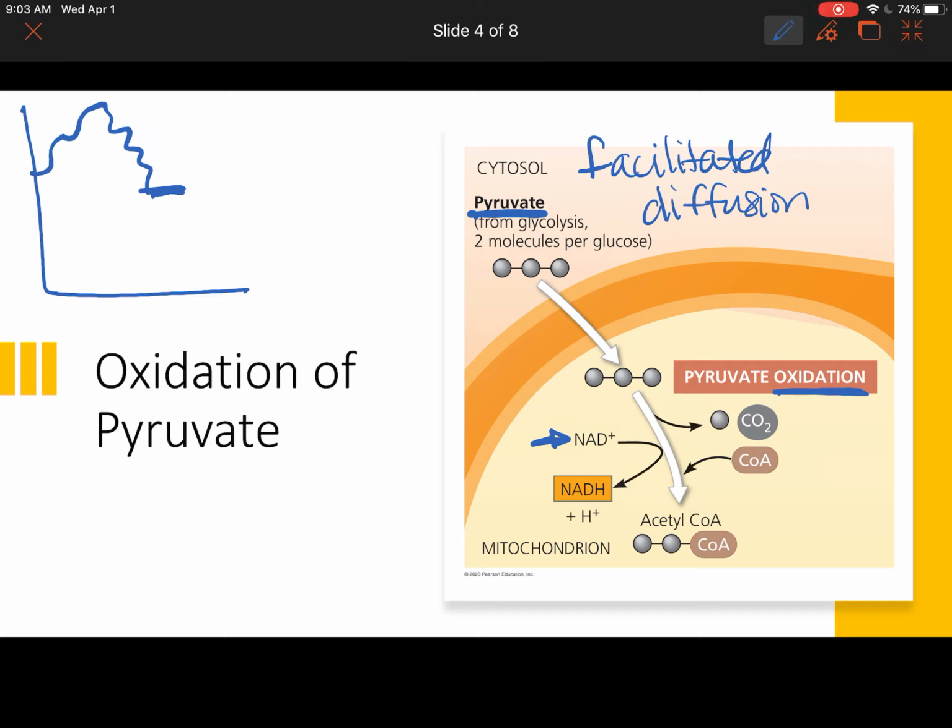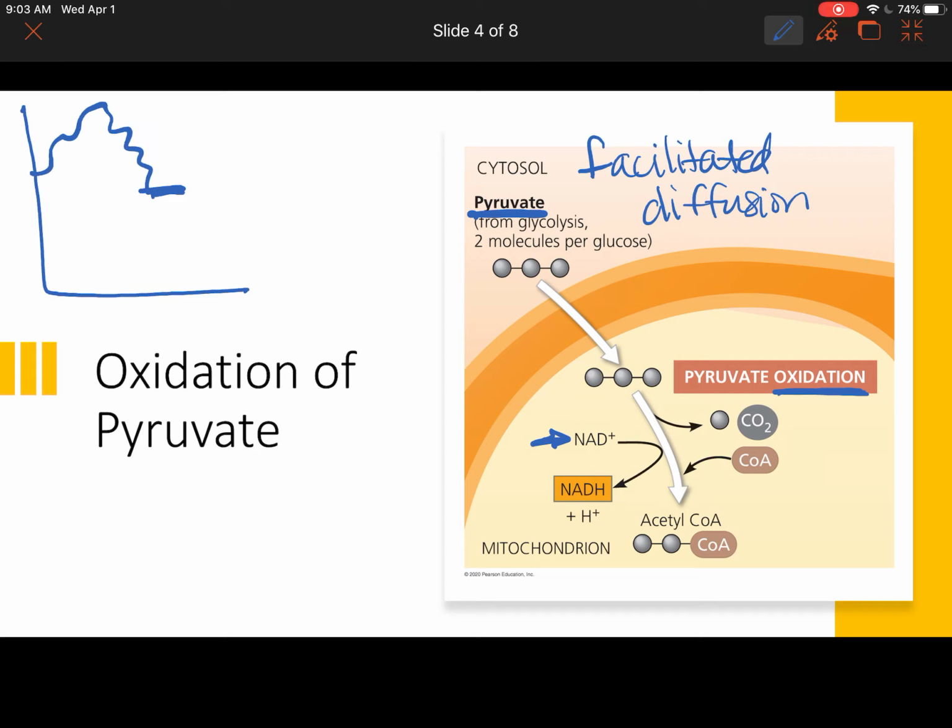NAD+. Okay, so NAD+ is going to pick up electrons from the oxidation of pyruvate to create NADH. Okay, so now we've transferred energy in the form of electrons from pyruvate to NADH.